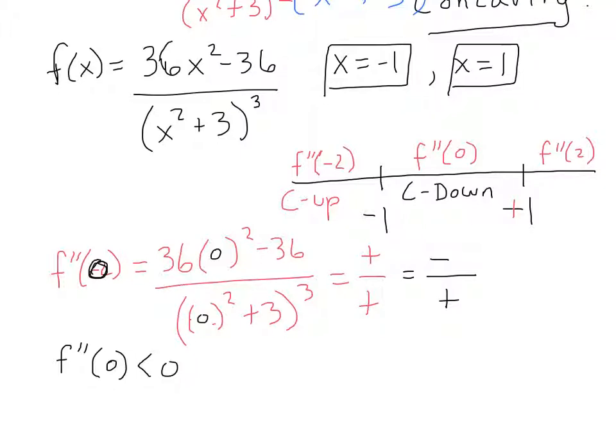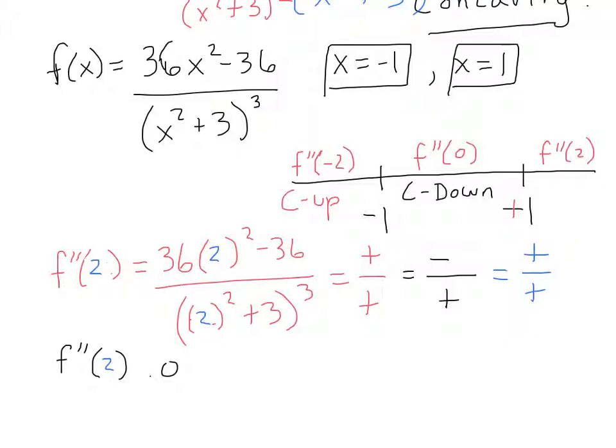Lastly, I want to calculate f of what? 2. So I'm going to plug in 2 here. I'm going to calculate f double prime of 2. So 2 squared is 4 times 36 is a big number. So it's going to be positive. And on bottom, it's going to be positive as well.